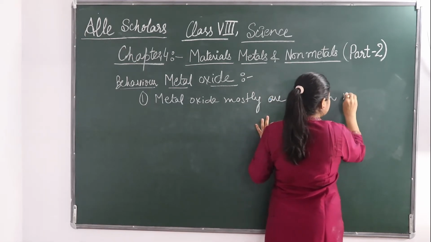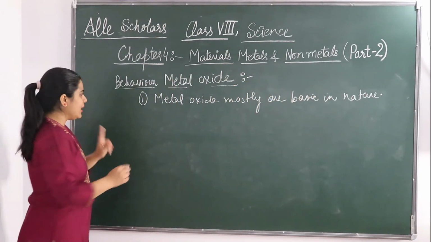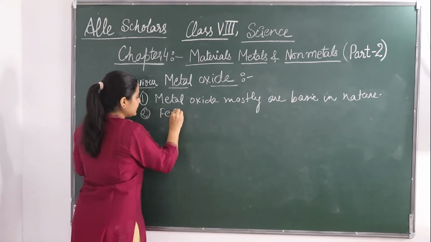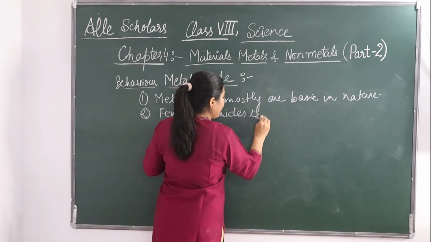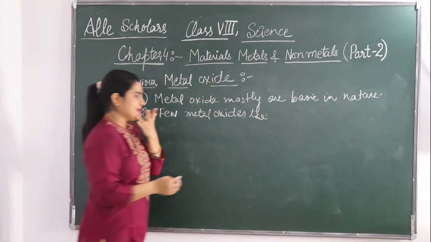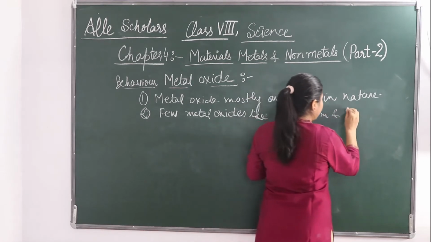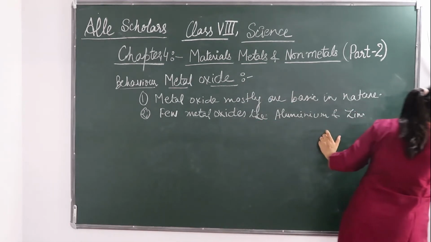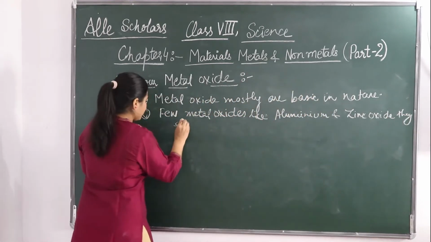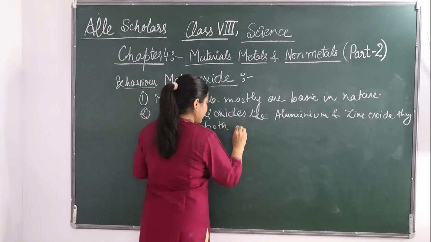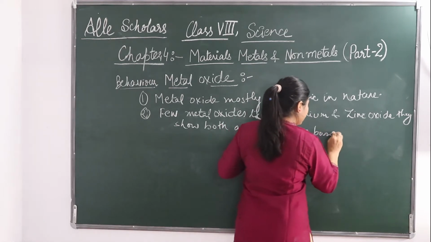basic in nature. The first thing is that mostly the metal oxides are basic in nature, but a few metal oxides, like aluminum oxide and zinc oxide, show both acidic as well as basic nature.